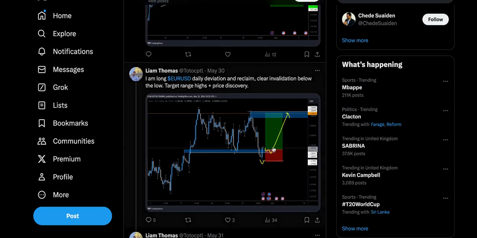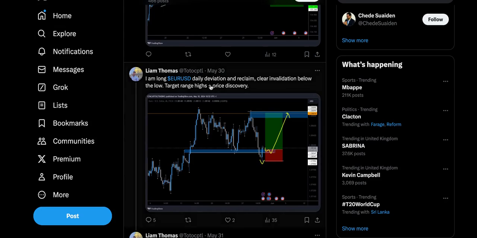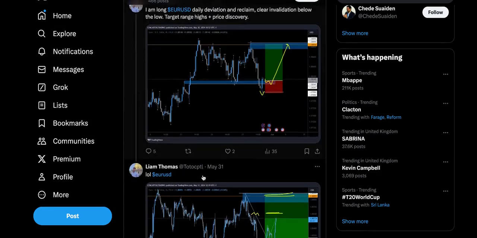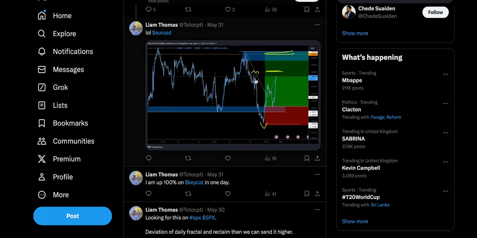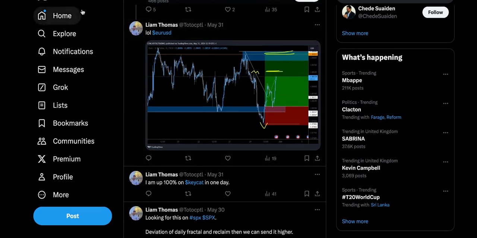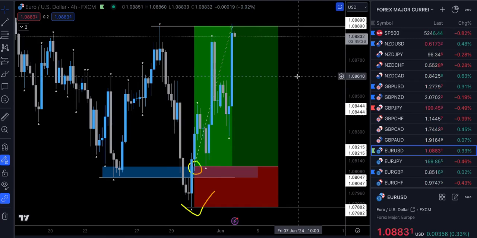Okay, look at the analysis that was posted here. EU long on the retest, right? Deviation reclaim, simple as that. All right, you can see the updates here as price is sort of playing out. So these patterns repeat themselves over and over and over again.